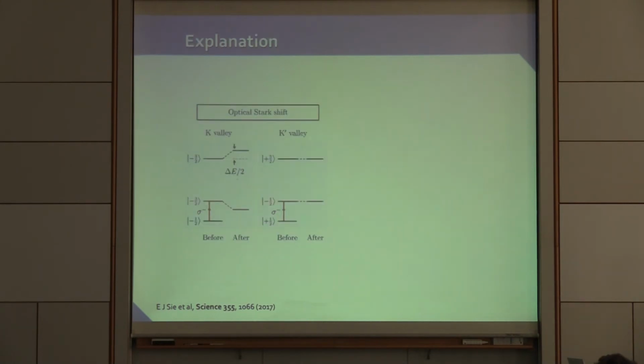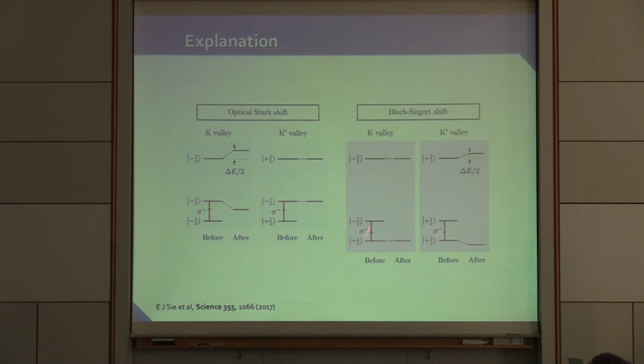So we think further. For the optical Stark shift, it is the same explanation as before. Left circularly polarized light will create a photon-dressed state with quantum numbers -3/2, and these repel, but not at the k prime value. But for the Bloch-Siegert shift, instead of going up from the ground state, we can go down.